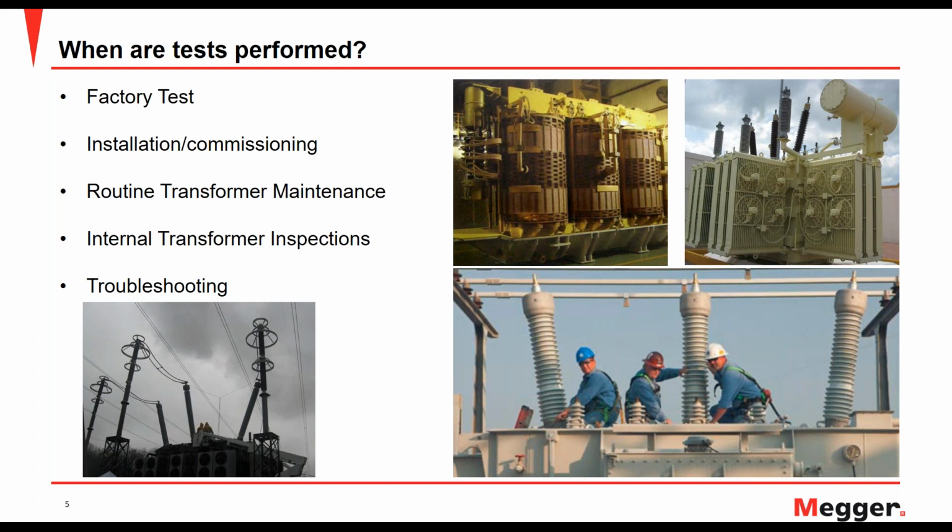So during installation and commissioning, these tests are performed. In addition, once you have initiated the service life of this transformer, you would want to perform routine maintenance. So winding resistance and excitation are performed on a routine basis for transformer maintenance.